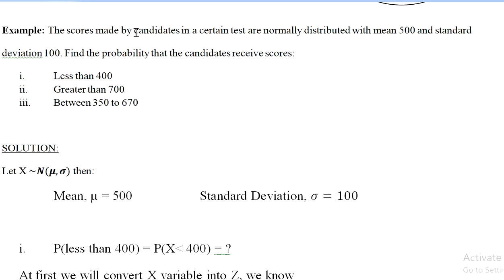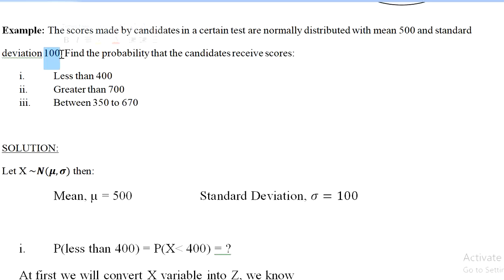The scores made by the candidates in a certain test are normally distributed with mean 500 and standard deviation 100. So see, we have a normal random variable. I don't know whether it is x or z, but I have a normal random variable that has mean 500 and standard deviation 100. If I talk about z, that means its mean is 0 and its variance is 1.